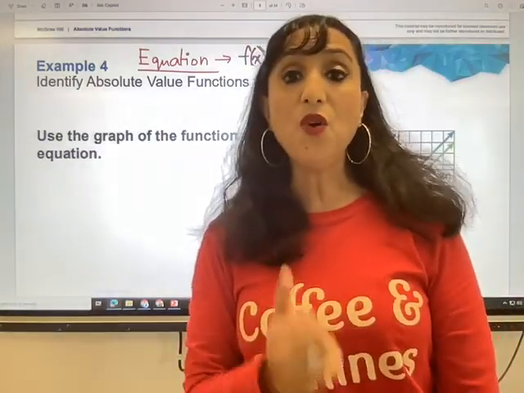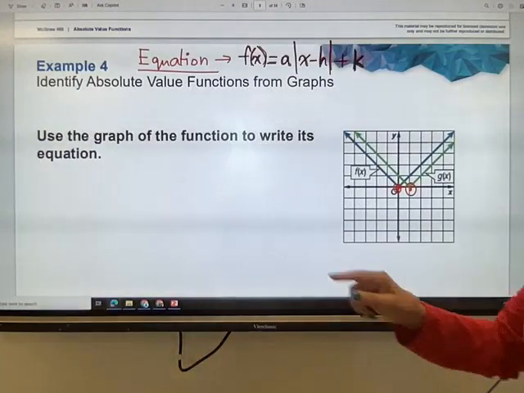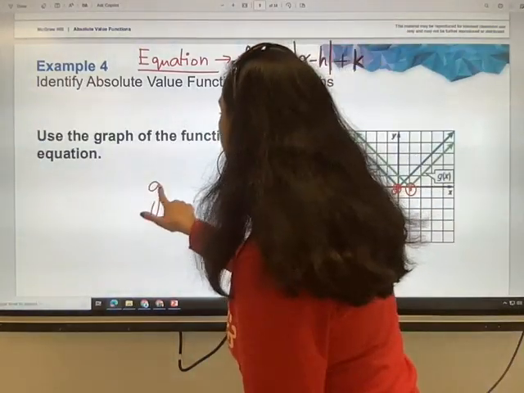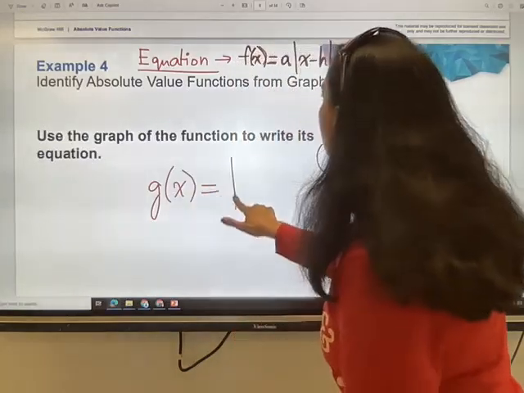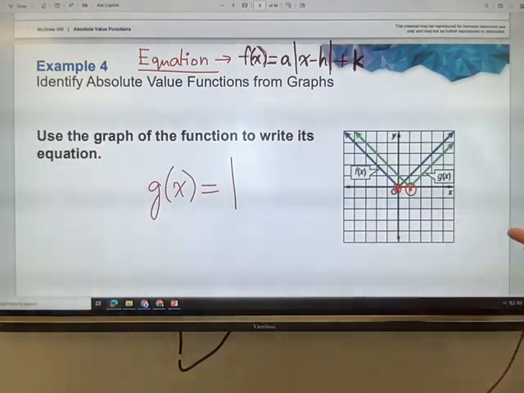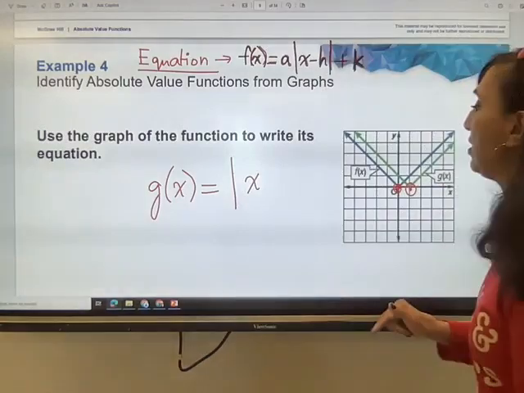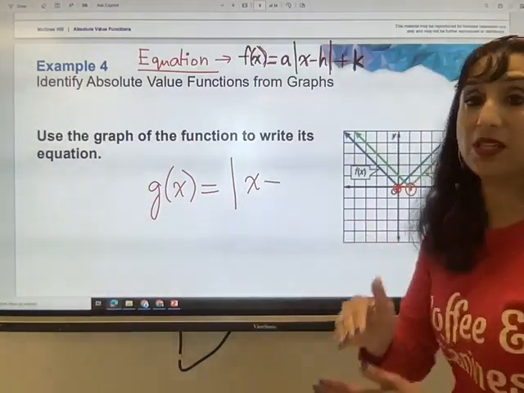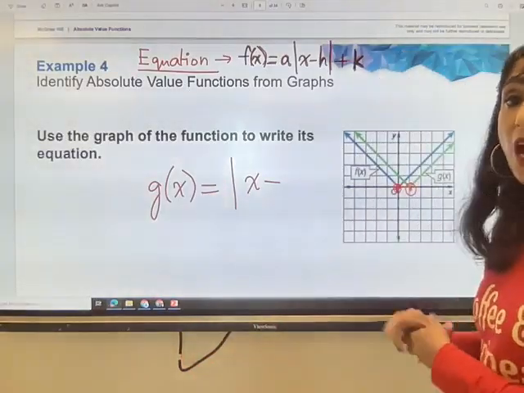So if I'm moving to the right and I'm writing an equation for this, this is g of x is equal to, let's look at this. If it's moving to the right, am I adding or am I subtracting? I'm definitely subtracting. So I'm doing the x, and then we see minus. If it's minus, then it moves to the right. Remember, that's the shift. So how much has it moved?